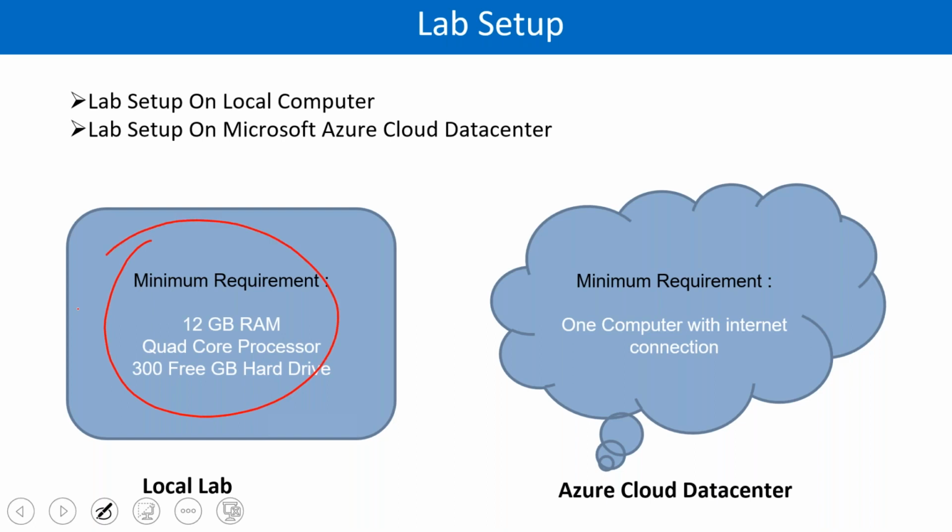For a local machine lab setup, you need a minimum configuration of 12 gigabytes of RAM, a quad core processor, and 300 GB of free hard disk space. If you don't have this configuration on your laptop or desktop, then you go for the Azure 30 days free trial.